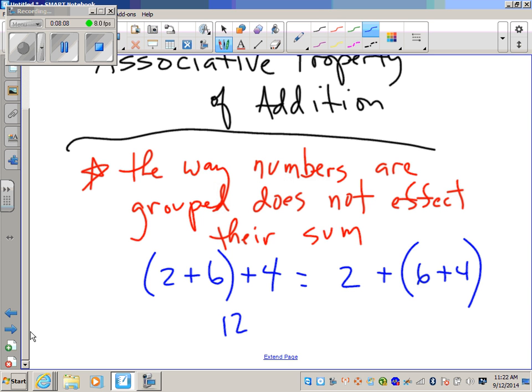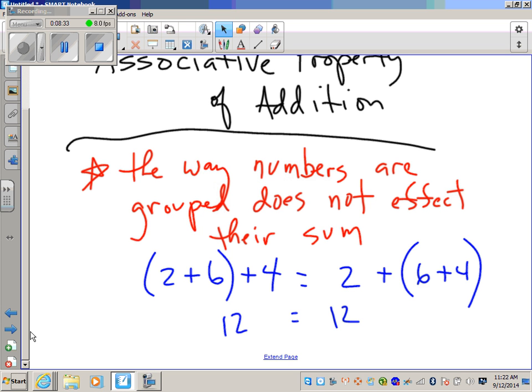Here, if I add the 6 and 4 first, I get 10. Add the 2 to 10, I still get 12. Doesn't matter which ones I decide to do first. And order of operations tells us that as well, that if I'm just adding, I can do whatever order I see fit.